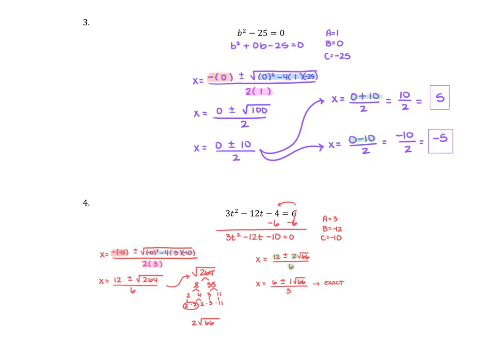But if I want to find the approximate value of this, what I would do is split it into 2. So I'm going to do 6 plus the square root of 66 divided by 3. When I plug that in my calculator, I get the value of approximately 4.71. Then I would also do the other one, and I would do 6 minus the square root of 66 divided by 3.